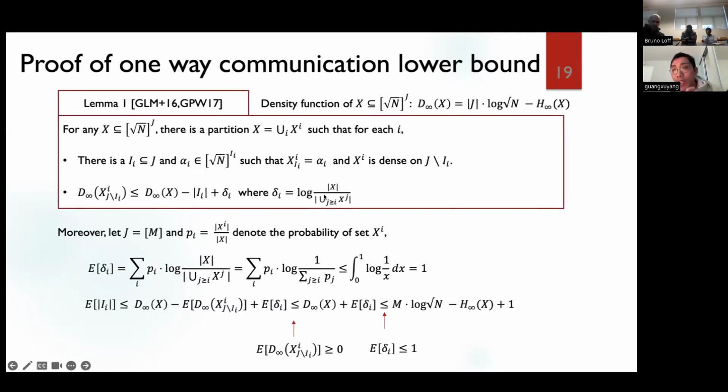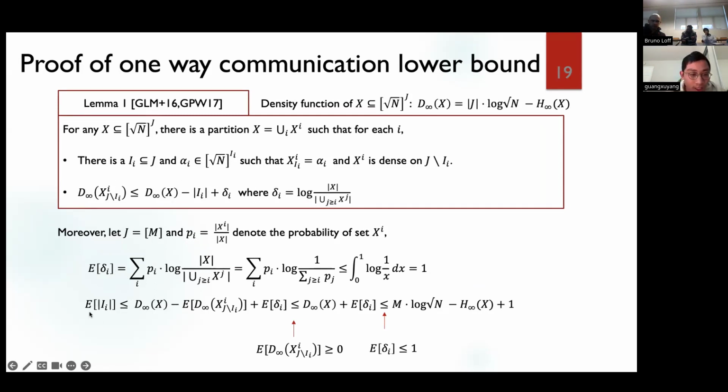So what can we get from this process? This shows that if we choose j equal to m, the full coordinates, and p denotes the probability of each xi, then the expected delta I is upper bounded by 1.